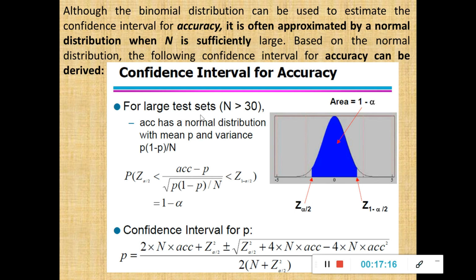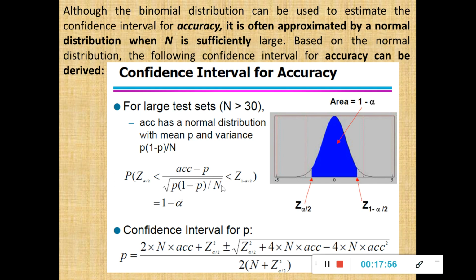If a data set consists of large test sets, that means the new instances are greater than 30, then accuracy follows a normal distribution with mean p and variance p into 1 minus p divided by n, given by this formula. The probability that your accuracy value will lie between the lower interval bound and the upper interval bound, wherein 1 minus alpha, the confidence level, is defined as accuracy minus p divided by the square root of p into 1 minus p divided by n.